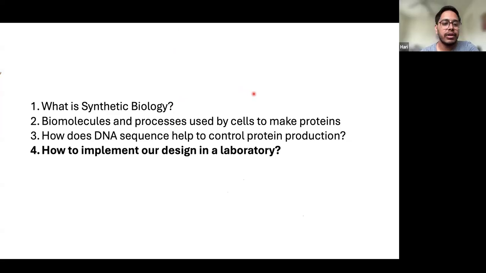Okay, I don't have the slides on that, but what was actually done is that gene expression can be modeled using ordinary differential equations, in a simple manner where the rate of production of protein is a first order rate depending on the concentration of mRNA, and the degradation of the proteins are first order degradation reactions.